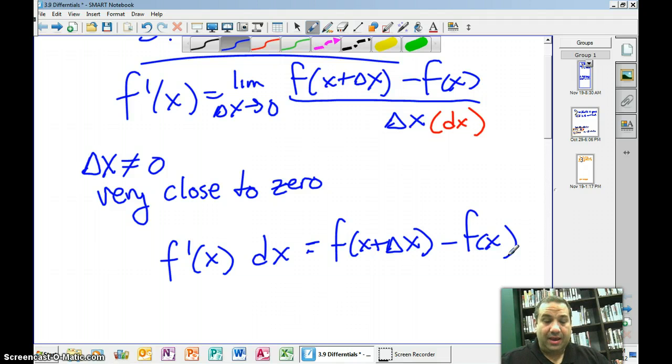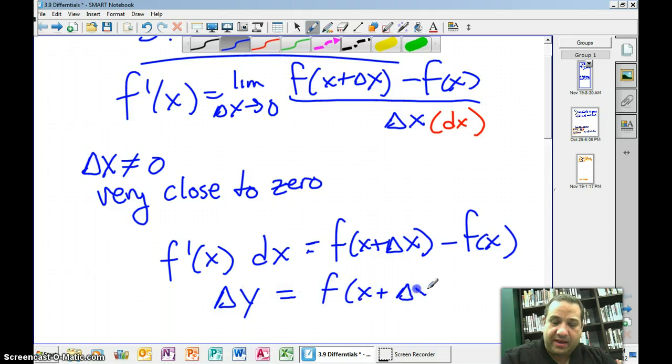And this actually is delta y. And that's equal to f of x plus delta x minus f of x.